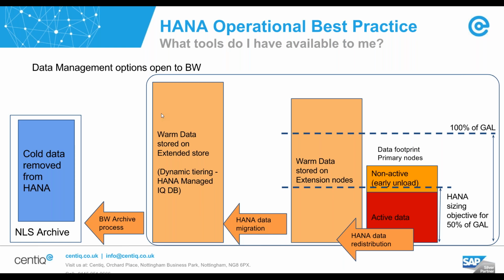But they've introduced, reasonably recently anyway, the alternative warm data store, which is the extension nodes, and this builds on the scale out methodology that we talked about a little earlier. It provides a mechanism for you to mark objects as warm data store objects, and then they will get moved via the data redistribution algorithm that we discussed earlier to nodes that are specifically for warm data.